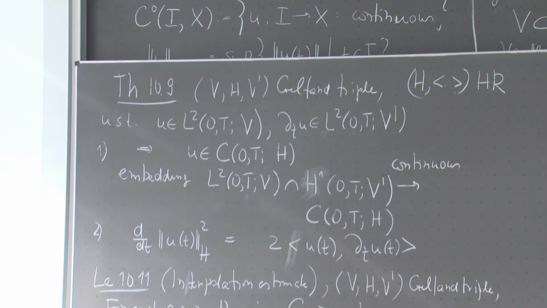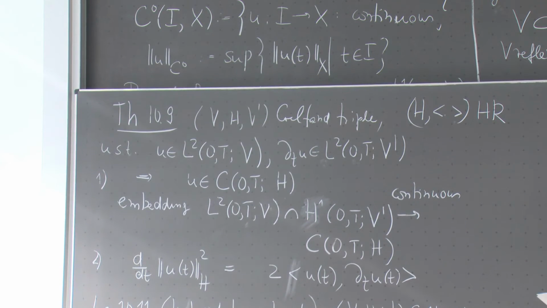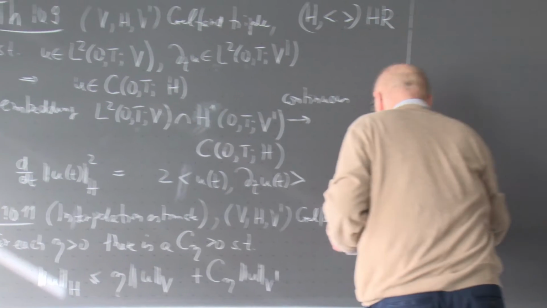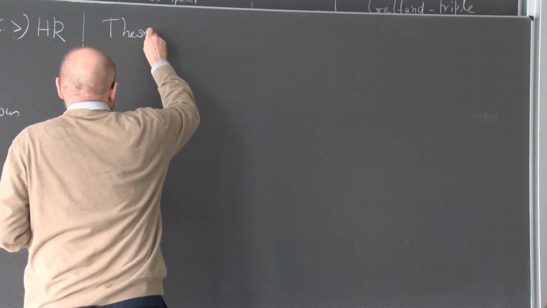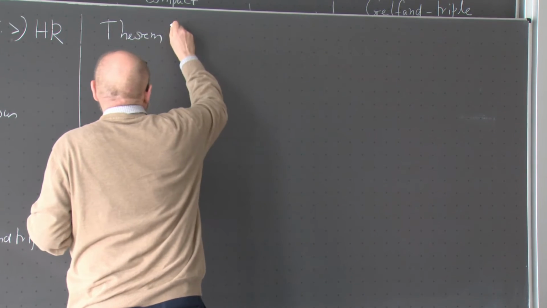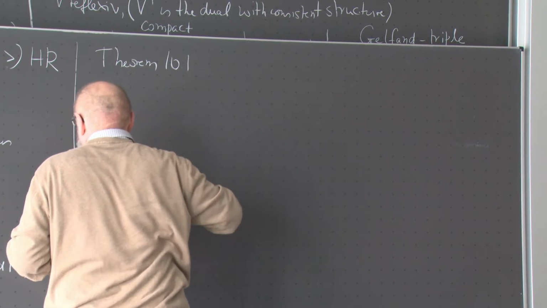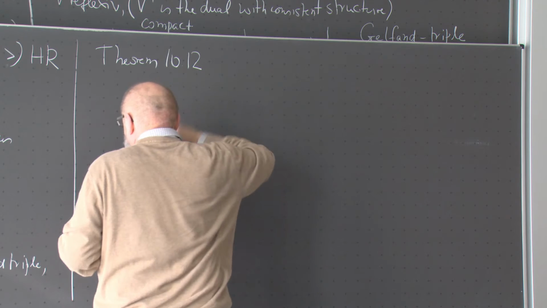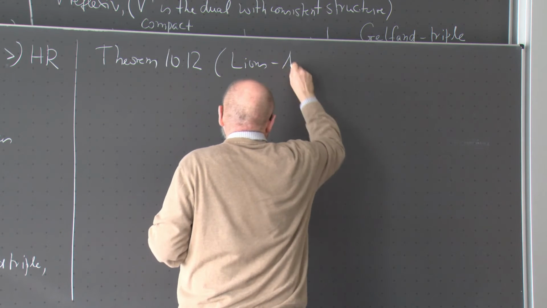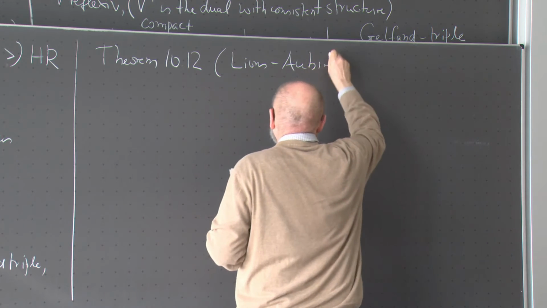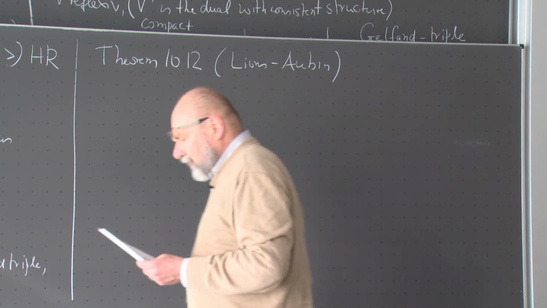So that is the one thing which we need, and the final thing is the theorem of Lions and Aubin, and there are other versions, and one is, I think, on the homework sheet. And this says the following.